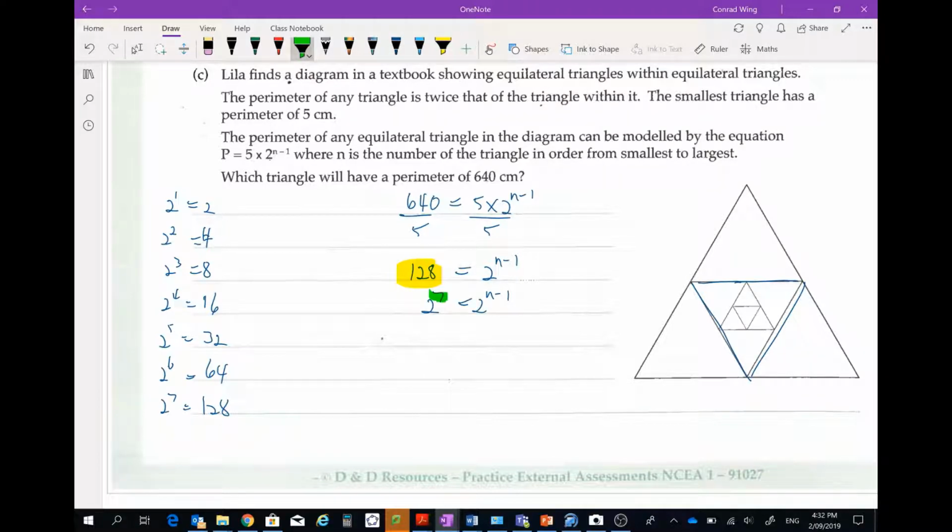So the two powers must be the same. I can write 7 is n minus 1. Solving this for n, adding 1 to both sides, I get n is equal to 8.